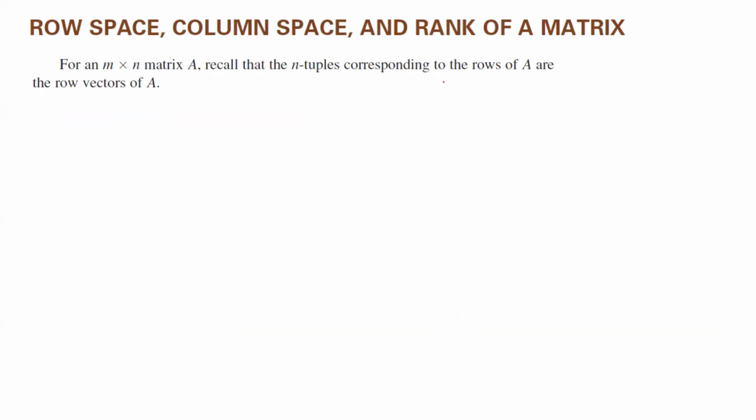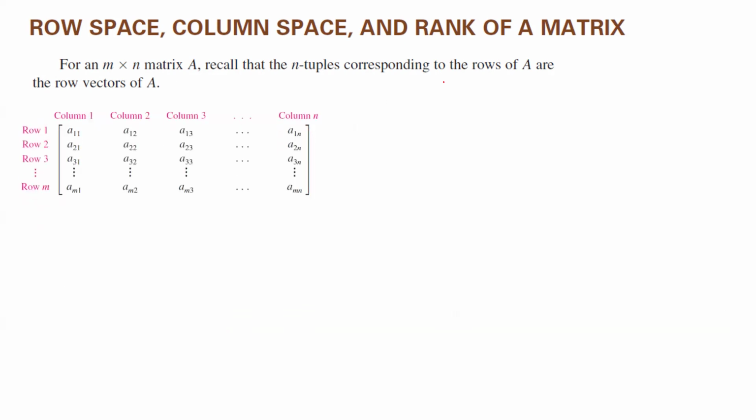For an m by n matrix, recall that n-tuples correspond to the rows of A, and they are basically row vectors of matrix A. So a matrix is a rectangular array with m rows in this case and n columns.